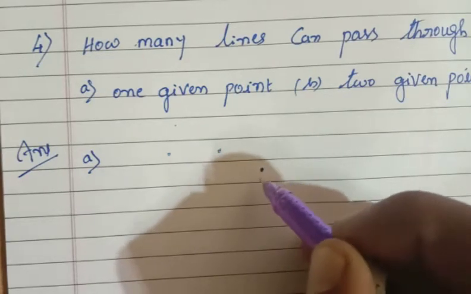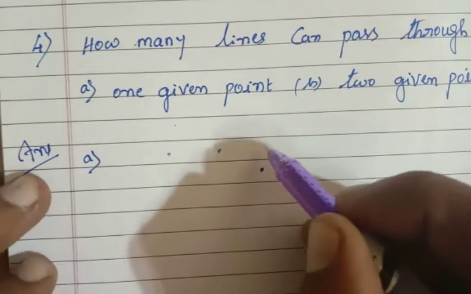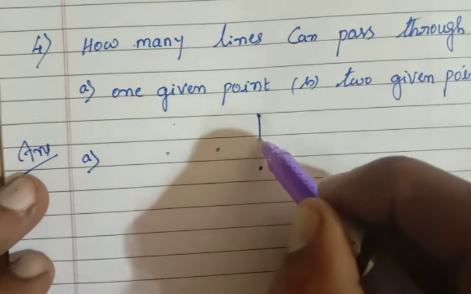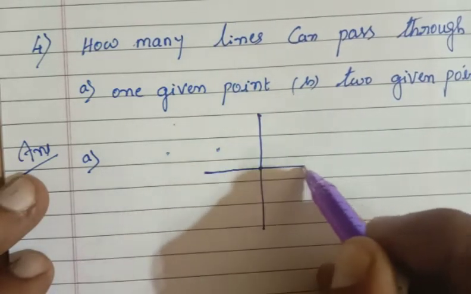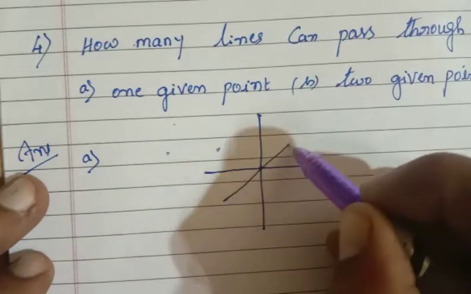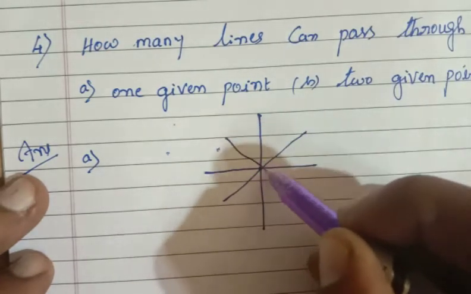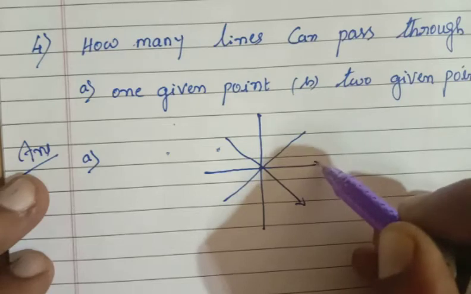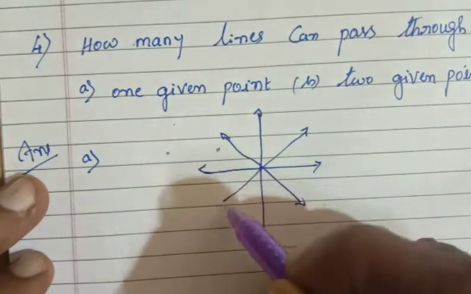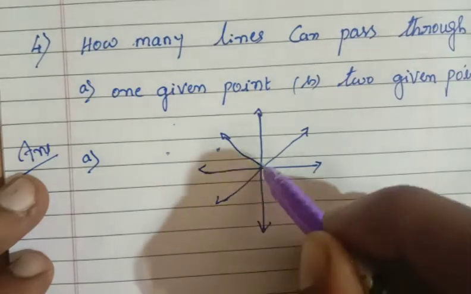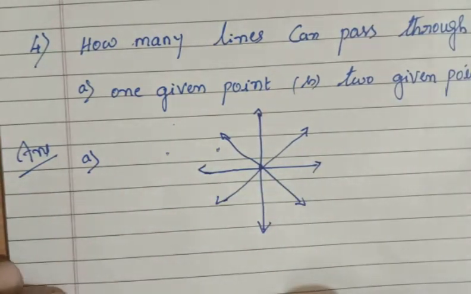How many lines can pass through one given point? So this is a point O. Countless lines can pass through a single point.